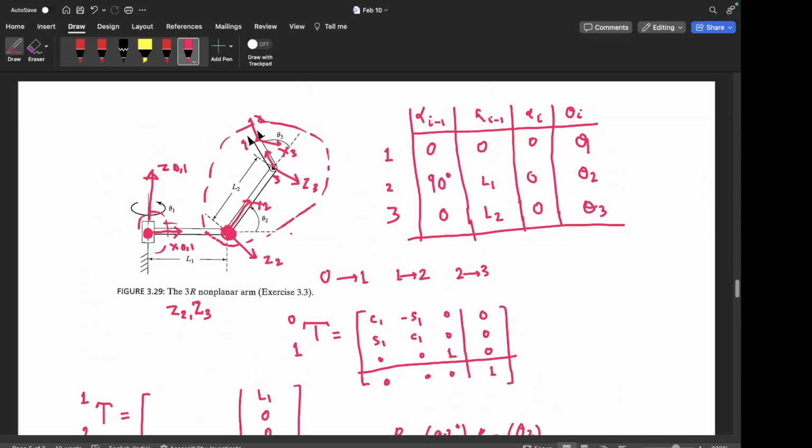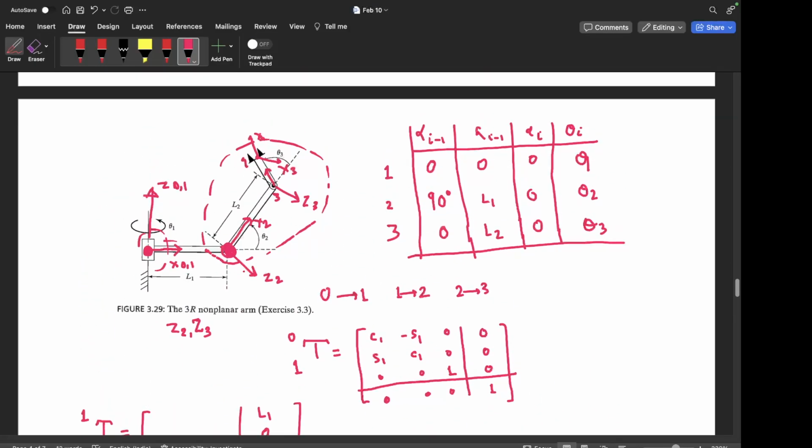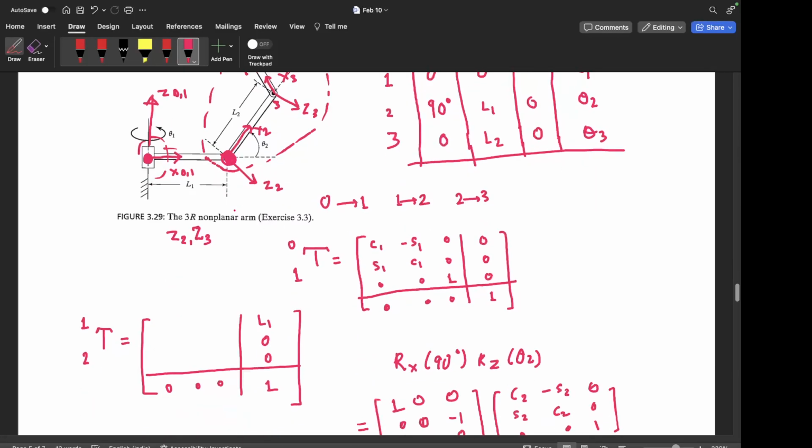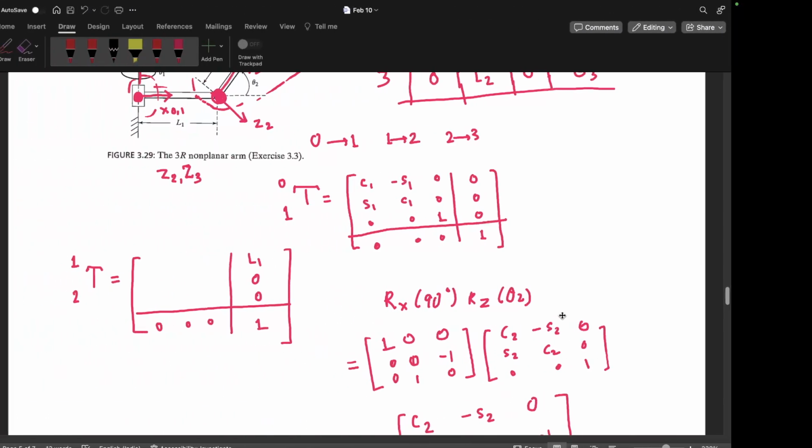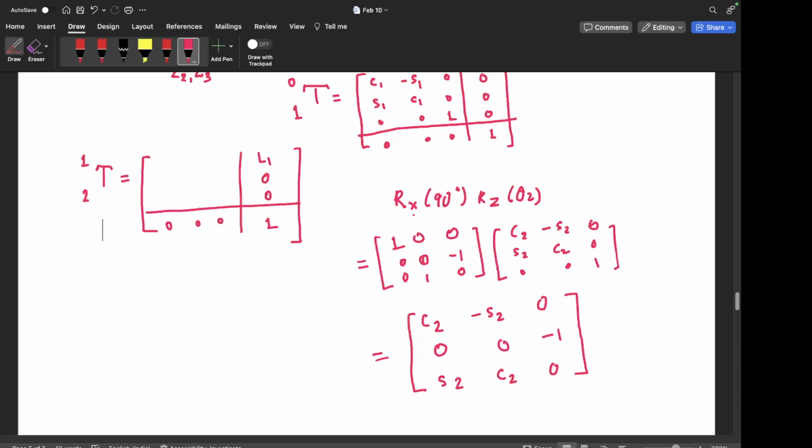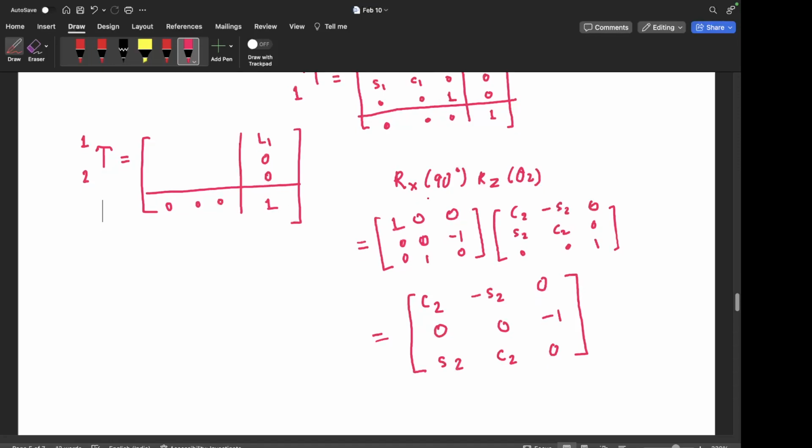Now in the second case, transforming from 1 to 2, we have one rotation about x1 by 90 degrees, and then a rotation of theta 2 about the new z axis, right? So we first rotate 90 degrees about x, then rotate about z by theta 2. We have to multiply both rotation matrices to get the effective rotation.